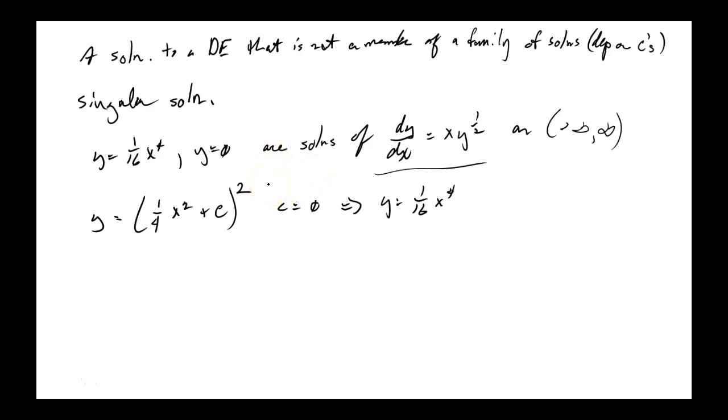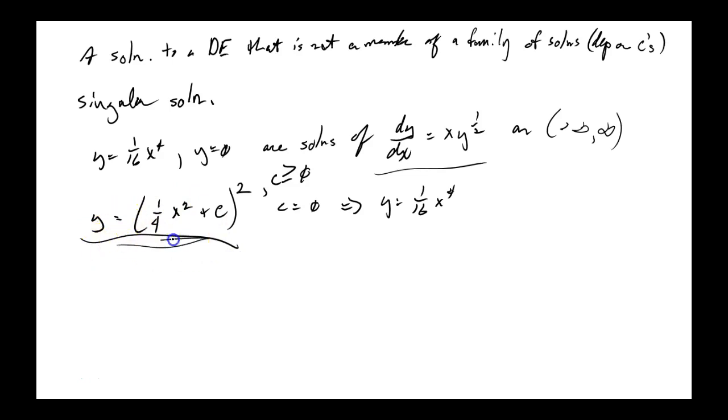Now, this solution is only good for c's greater than or equal to 0. So it works for 0, but it doesn't work for negative c's, okay? But notice the trivial solution, which would be okay if you plugged in x equals 0, doesn't fit this form at all.